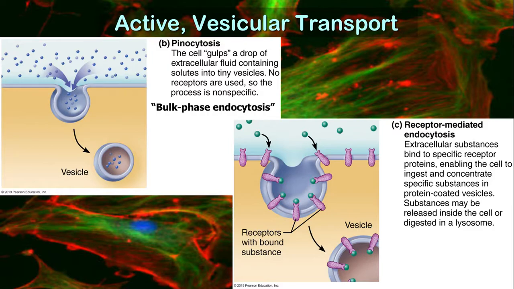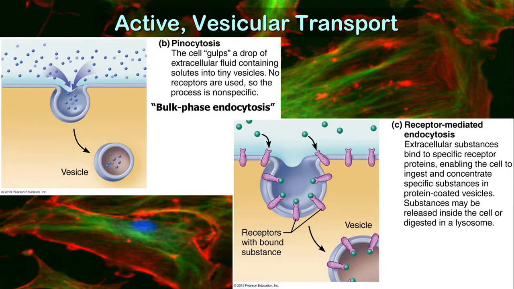So this isn't going to be something really big like those phagocytes engulf. It's just a cell gulping up some of the fluid around it. And then whatever's in there will also come into the cell. It's very non-specific. Just grabbing stuff.